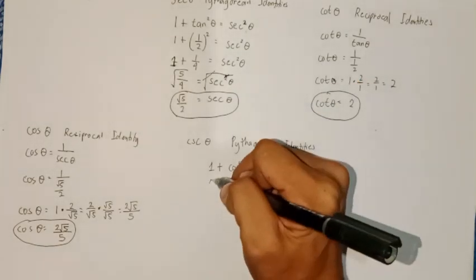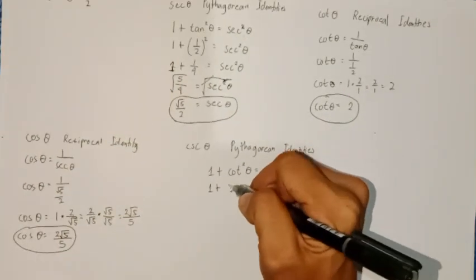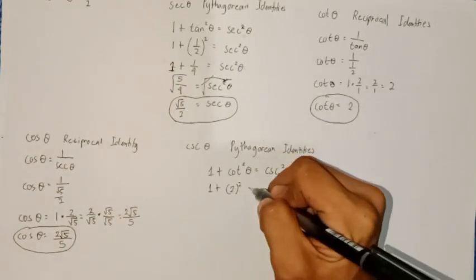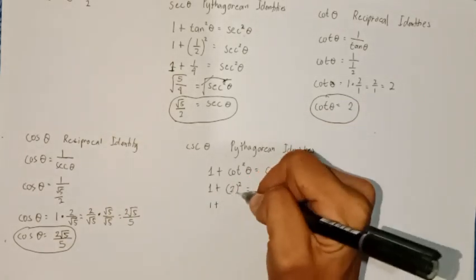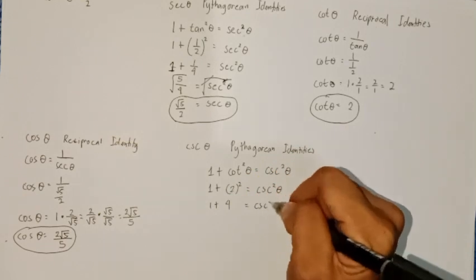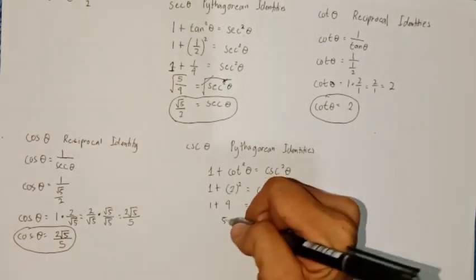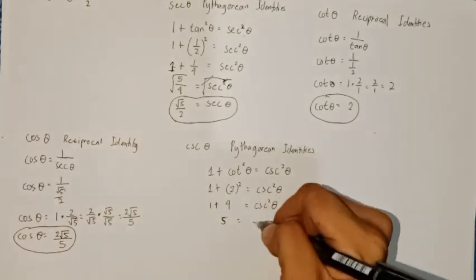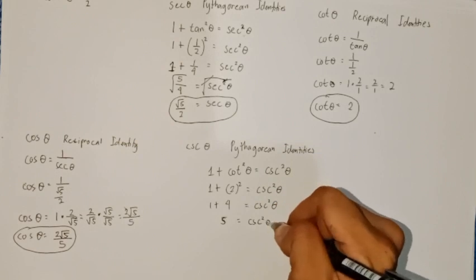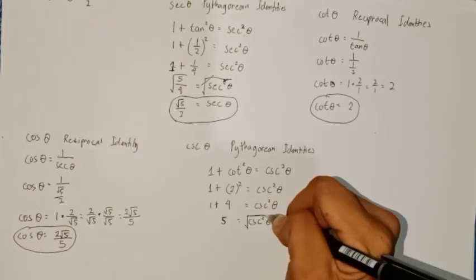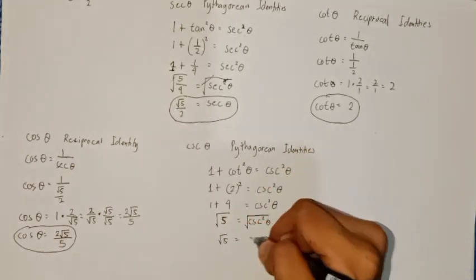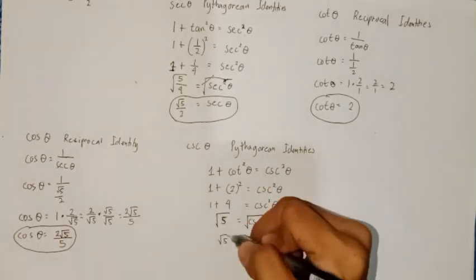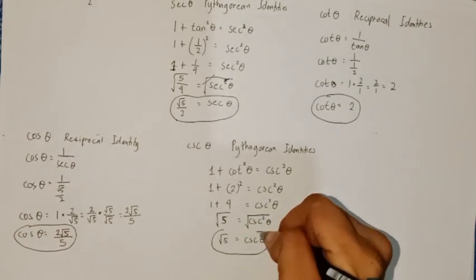Now 1 plus the value of cotangent, we have 2 squared, is equal to cosecant squared theta. So 1 plus 2 times 2, 4. 1 plus 4 is 5, equal to cosecant squared theta. We need to square root both sides. So square root of 5 is equal to cosecant theta. This is now our cosecant theta.